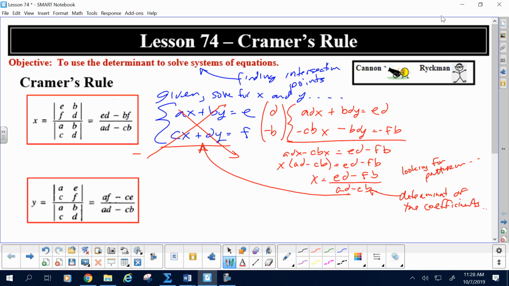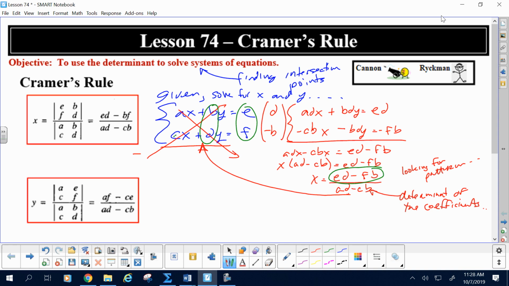Now the top one, that takes a little more vision on your part. ed minus bf. So it's like if you use these and you used these, but you didn't use those. Do you agree? It's got e's and b's and d's and f's in it, but not a's and c's. You follow?